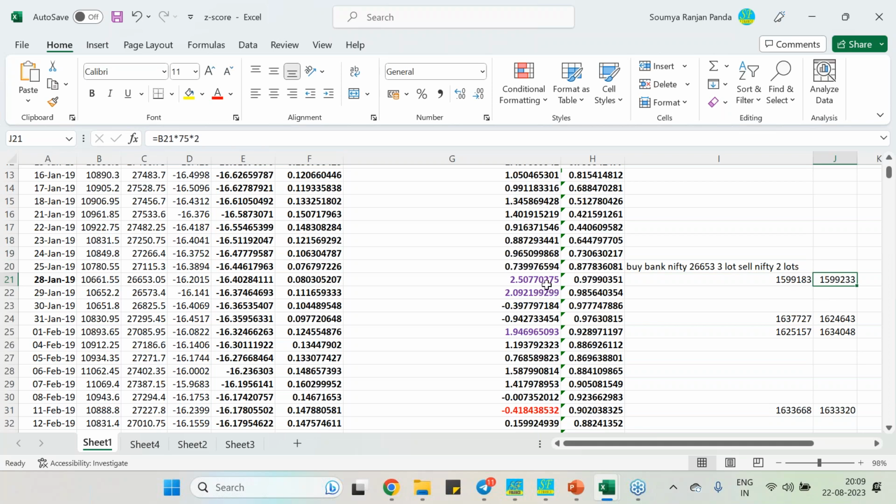Just after 28th January 2019, it entered plus, and in the next 3 days it came to negative. So here the profit should be booked. On plus to minus migration, you should book the profit. The correlation is pretty good, but still if you have to go for hedging, it is a great method.